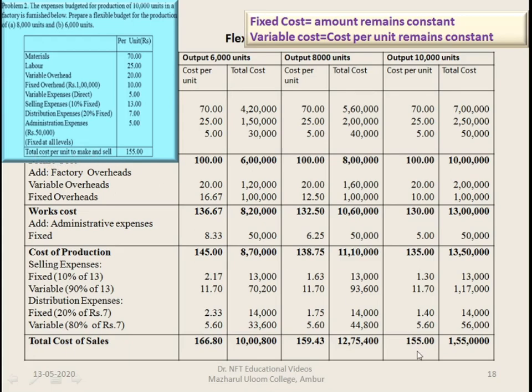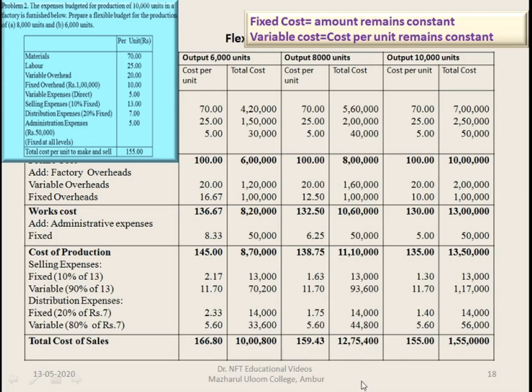You can see here total cost per unit to make and sell is 155. So 155 into 10,000 units is 15 lakh 50,000. Sorry, I've just put the commas wrongly.